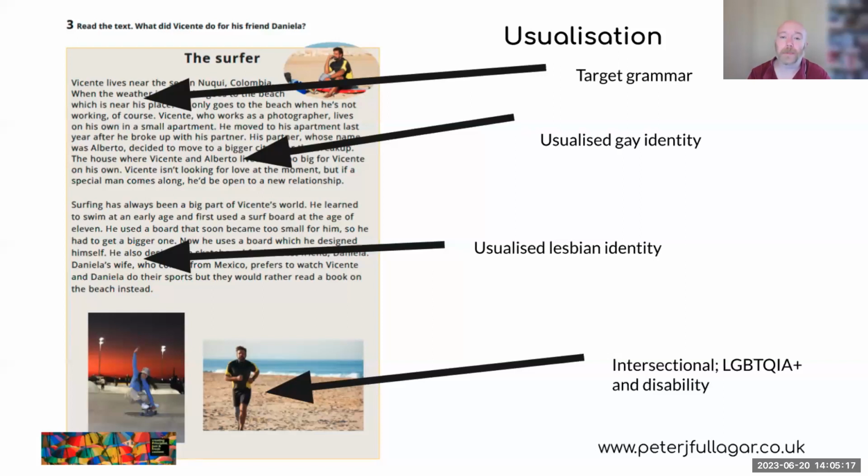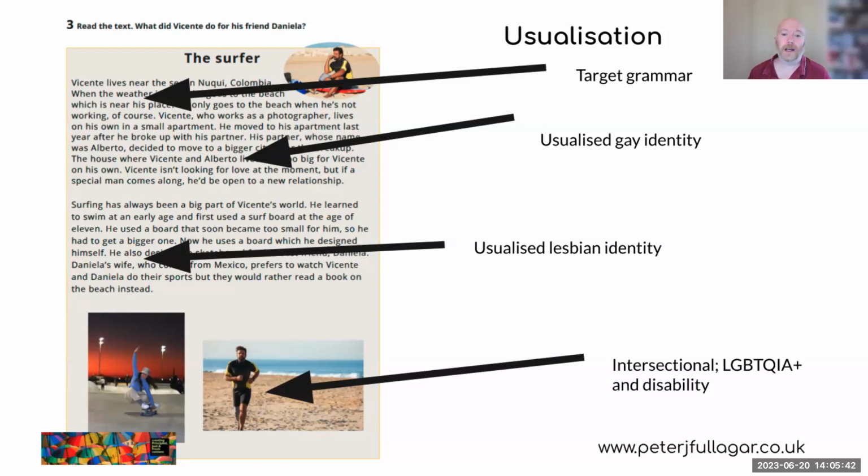I just so happened to choose a surfer who had a disability. So it's a surfer who has a prosthetic leg. Again, this is another example of usualization where I don't necessarily point out the difference within the text. It just is there. It's part of his identity.